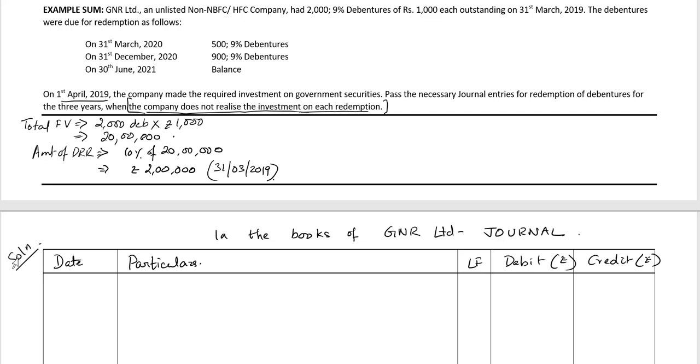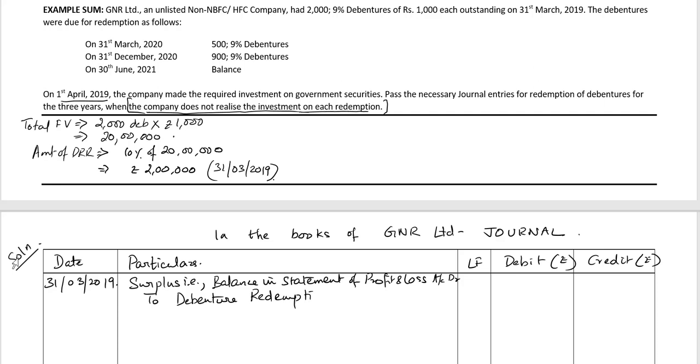We'll begin by transferring the amount to DRR. 31/3/2019, surplus, that is balance in statement of profit and loss, account debit, to debenture redemption reserve account for the transfer to DRR.